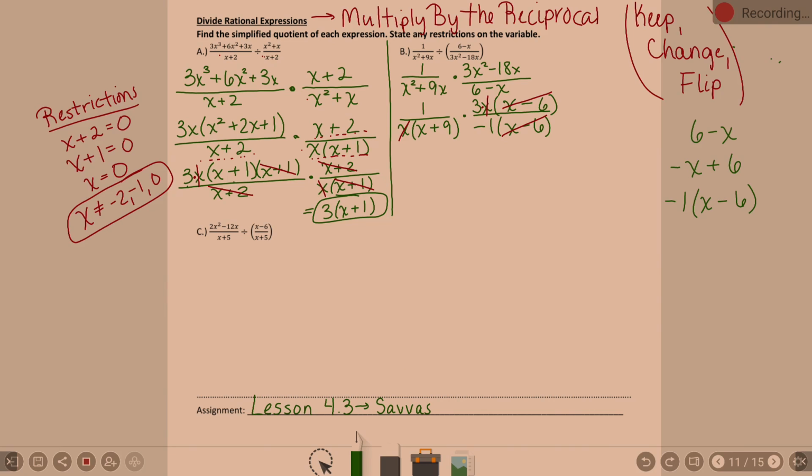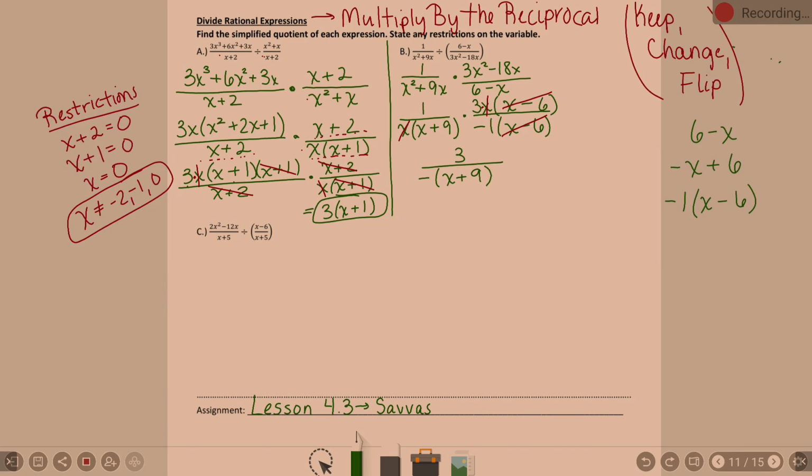So, what do we have on top? The 1, which doesn't really matter, and we have a 3. In the denominator, what do we have? X plus 9 and negative 1. Now, one option is to write the negative 1 out front of a set of parentheses, x plus 9.